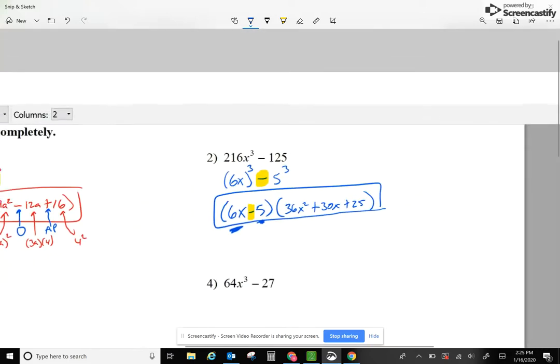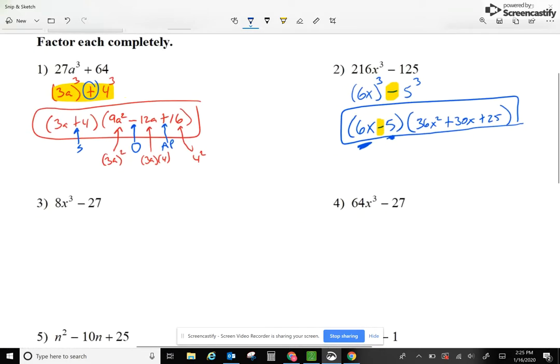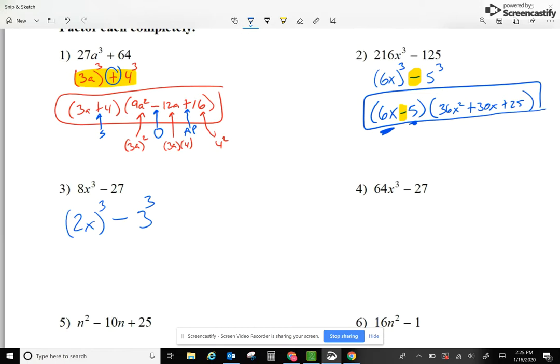Let's take a look at question number 3. I must write everything to the third power. So I have 2x all to the third minus 3 to the third. My first parentheses will be 2x minus 3.